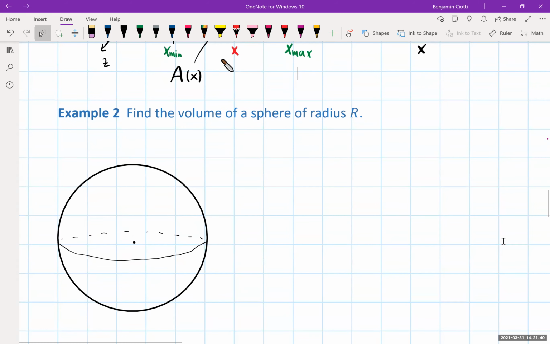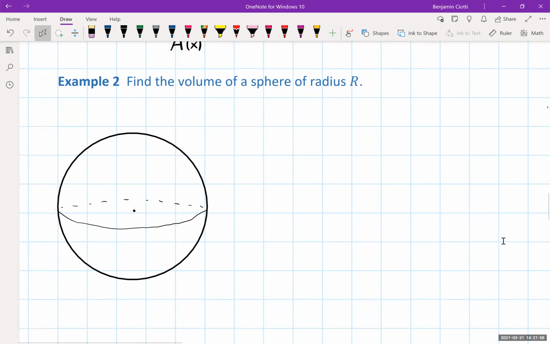It's a beautiful, highly symmetric shape. So if there's any shape we would like to find the volume of, it would be a sphere, or perhaps I should say ball. The thing is, mathematicians didn't know how to derive this formula until Newton invented calculus. So it's kind of amazing how easy this is going to be, given the fact that it stumped mathematicians for like 2,000 years.